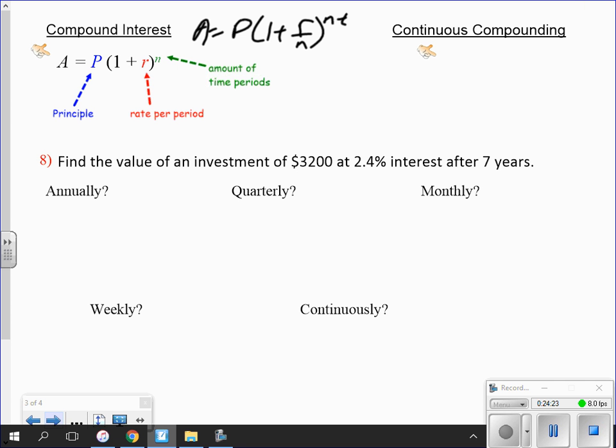That's not how you get E, just putting in bigger numbers. Well, yes. And E would be if you're compounding continuously.